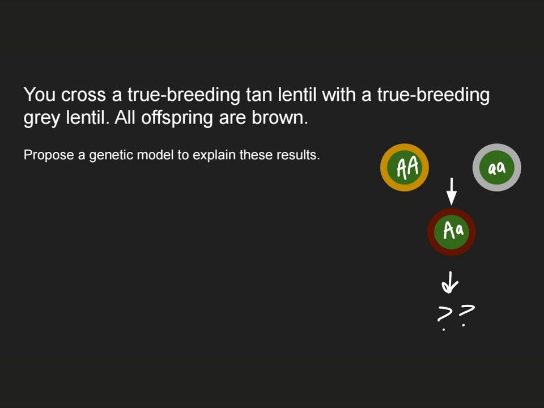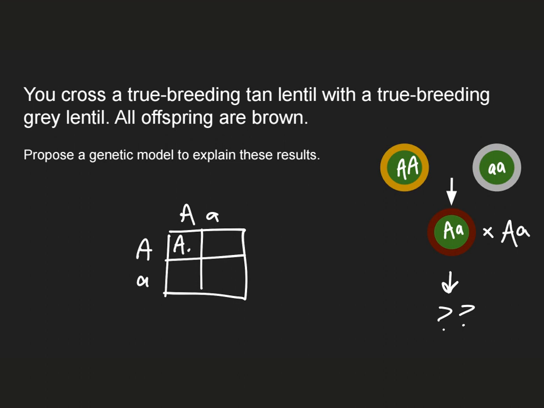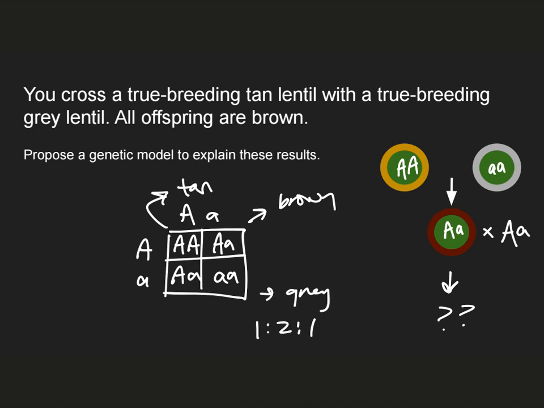So what would we expect in the F2 in this situation? Let's draw it out with a Punnett square. So here in the F2, we would cross with another one of these heterozygous brown lentils, and we would expect to see what we've seen a couple of times in this class, which is a 1 to 2 to 1 ratio of genotypes in the offspring, which would give us the tan phenotype here, the brown phenotype here, and the gray phenotype here in a 1 to 2 to 1 ratio.